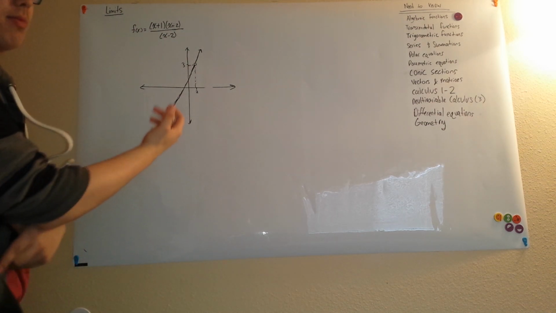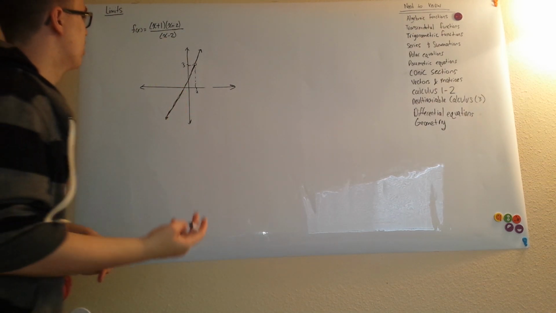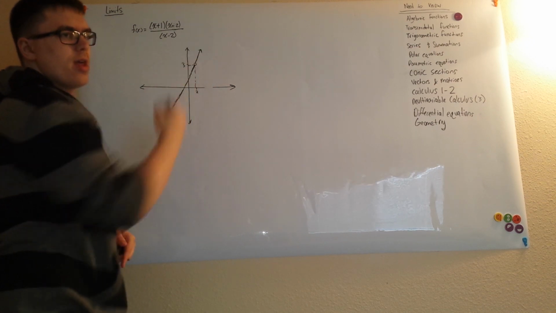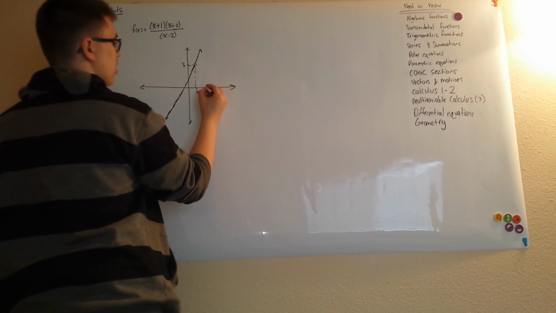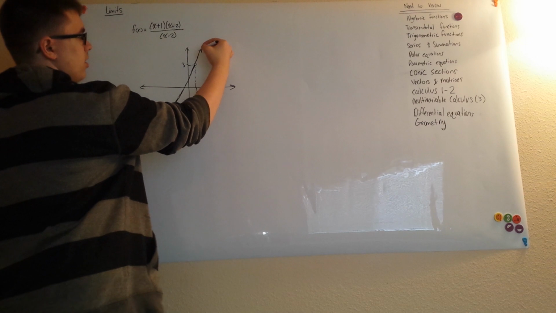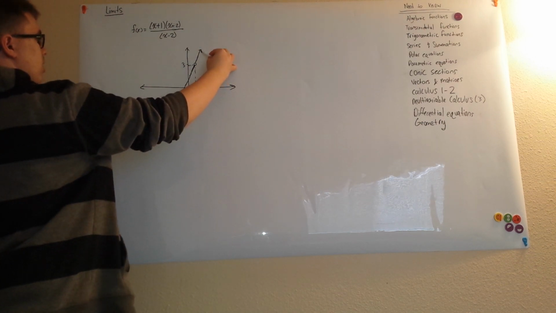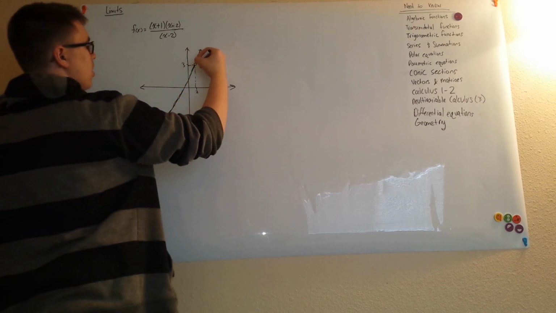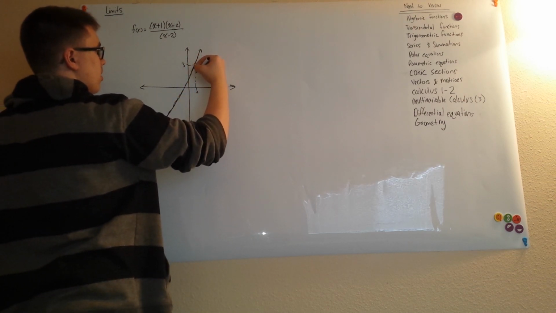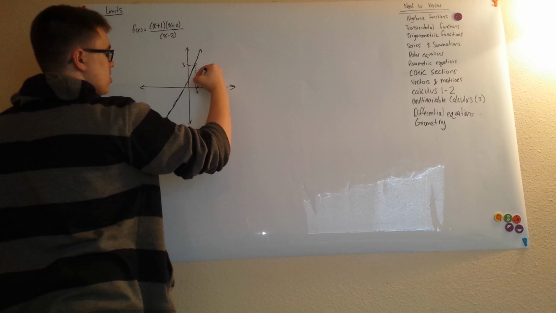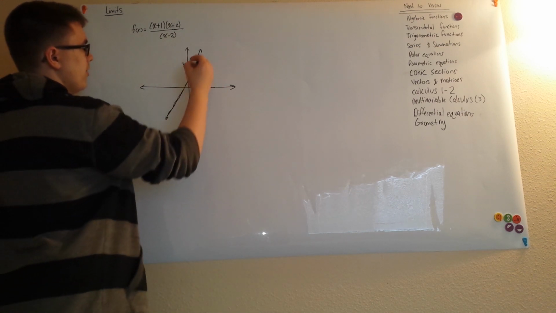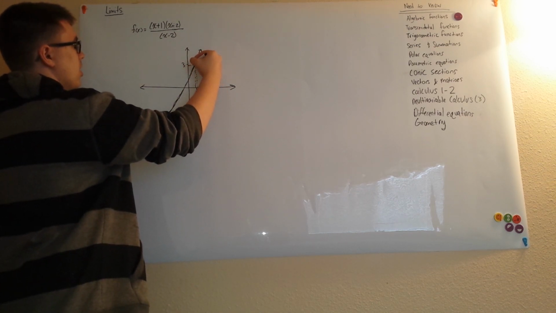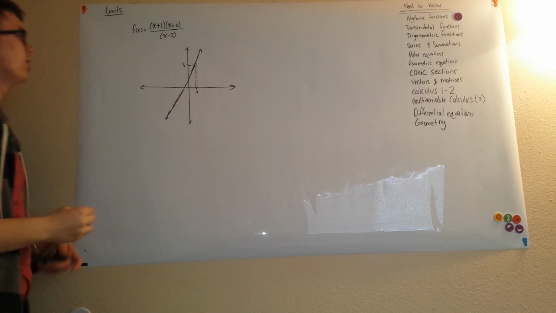And the same thing with the right side, right? You go along the graph, and you, oh, I'm really, really close to this hole. Well, that point right here is really, really close to 2, from the right side, sorry. And you end up getting really, really close to 3.